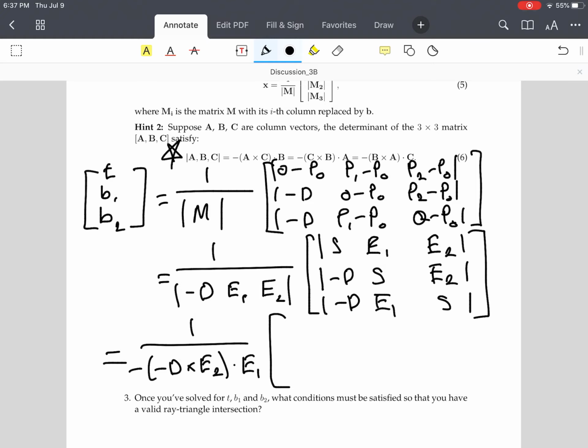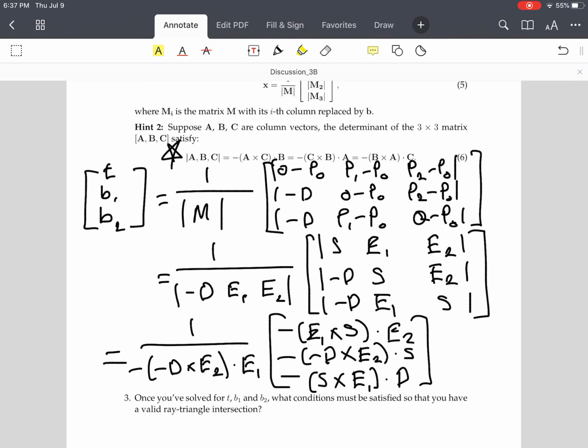And then this one is going to become negative E1 cross S dot E2. And then this one's going to be negative D cross E2 dot S. And then this one is going to be negative S cross E1 dot D.